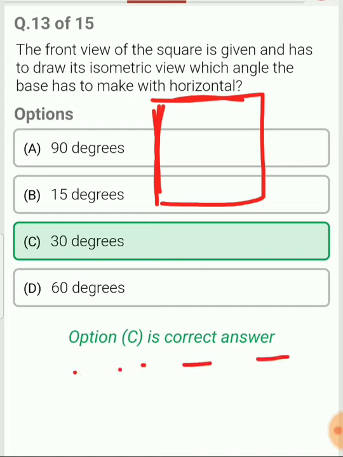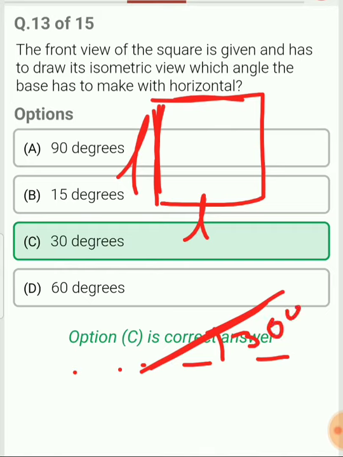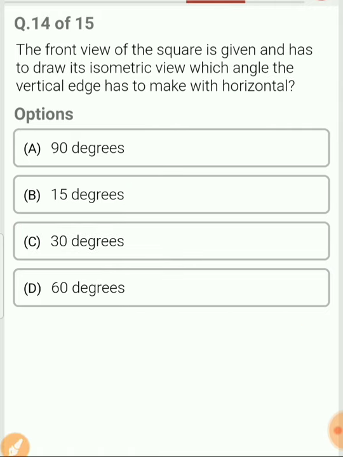From this horizontal line, the square is having length and height as L. So we have to take the length at 30 degree. So the angle which this side makes with horizontal is 30 degree, and this will be the length. Fine. So length as L and height as L. So length and height will combine and this square will look like a rhombus in case of the isometric projection, and one of the edges will make 30 degree with the horizontal.